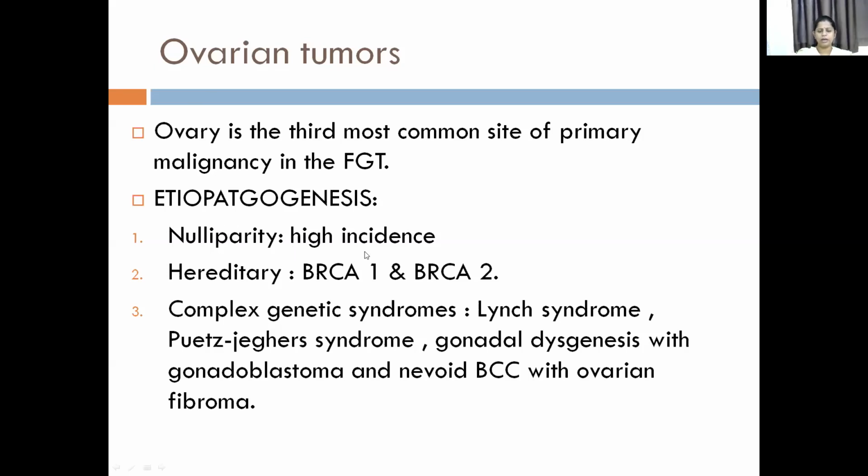Hereditary factors: the BRCA1 and BRCA2 genes, which are breast cancer genes, are also associated with ovarian tumors. Some complex genetic syndromes also have an increased incidence of ovarian tumors: Lynch syndrome, Peutz-Jeghers syndrome, gonadal dysgenesis with gonadoblastoma, and nevoid basal cell carcinoma with ovarian fibromas.